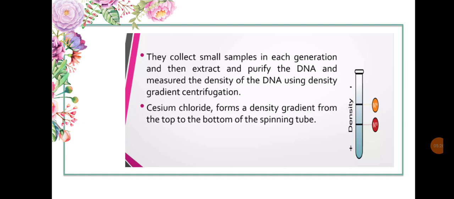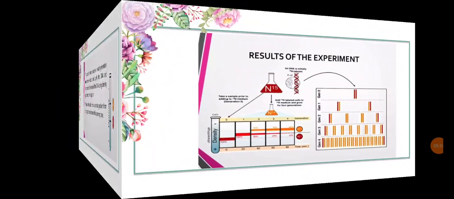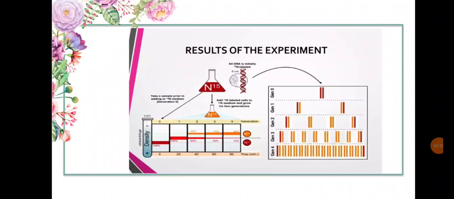In the density gradient centrifugation, we add cesium chloride solution on top of the tube. Then what will happen when the density gradient centrifugation is done? At 0 hours, first we grew the E. coli under N15, the heavy isotope medium.